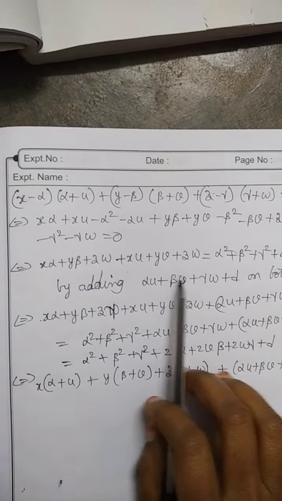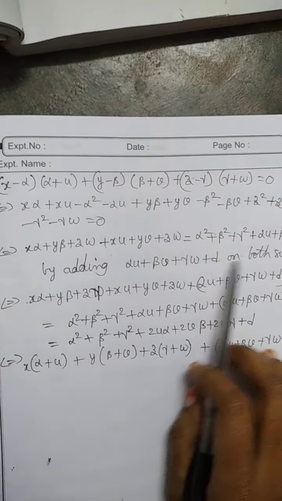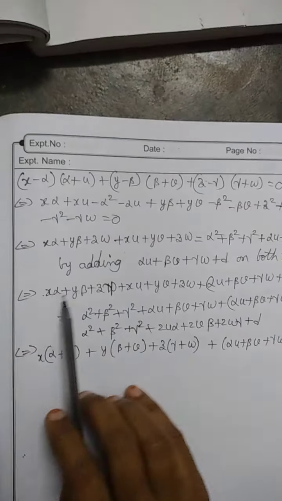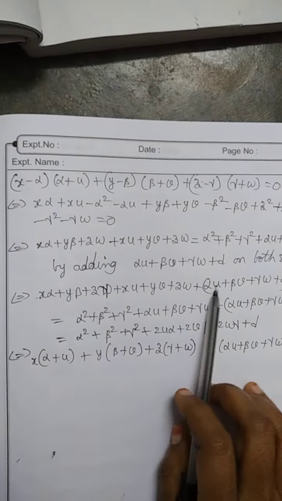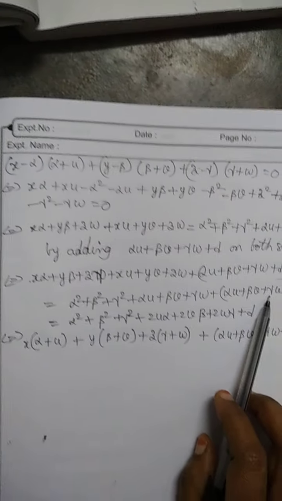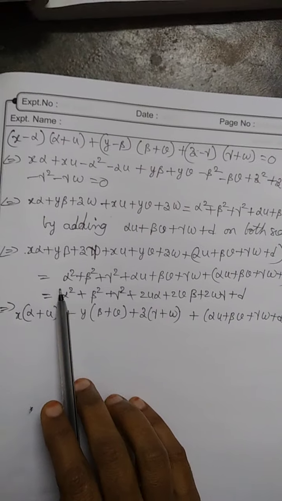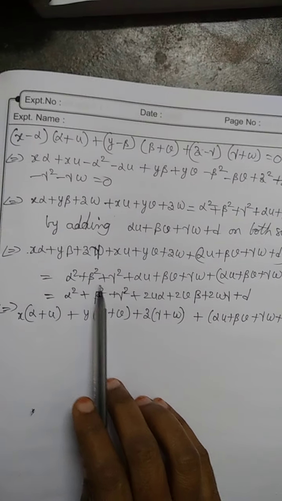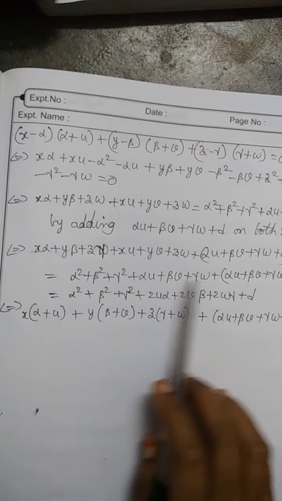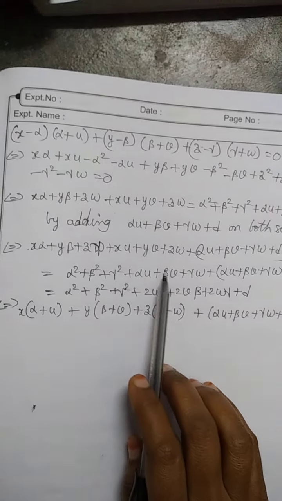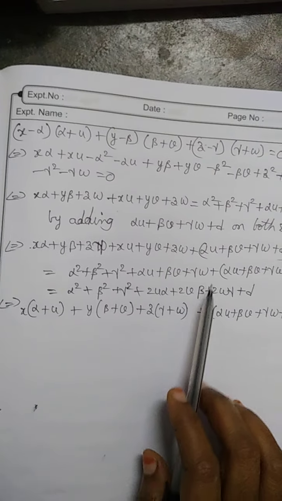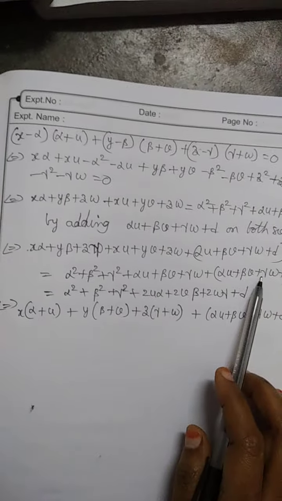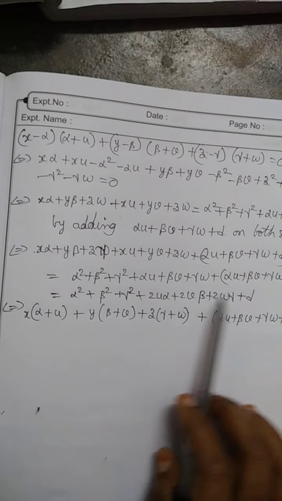By adding alpha u plus beta v plus gamma w plus d on both sides of this equation, the left side is common and on the right side we get alpha square plus beta square plus gamma square plus 2 alpha u plus 2 beta v plus 2 gamma w plus d equal to 0.